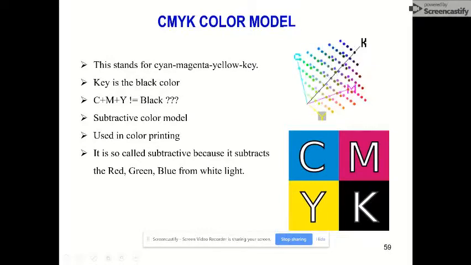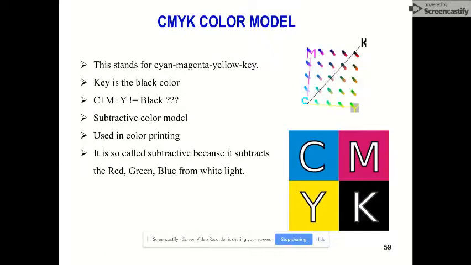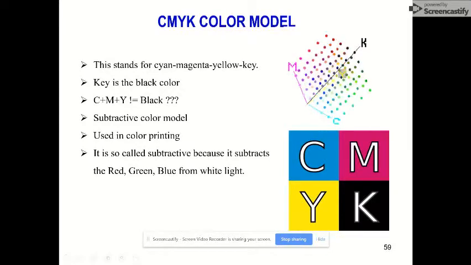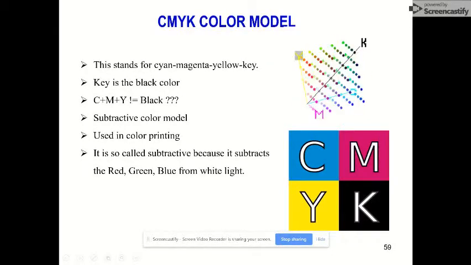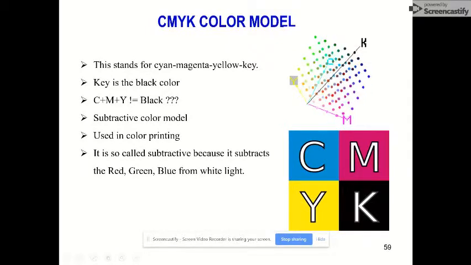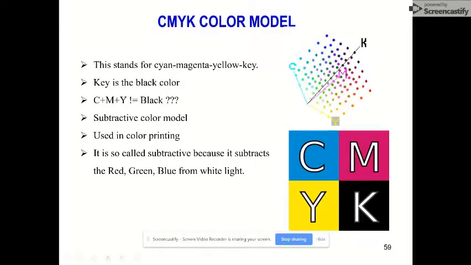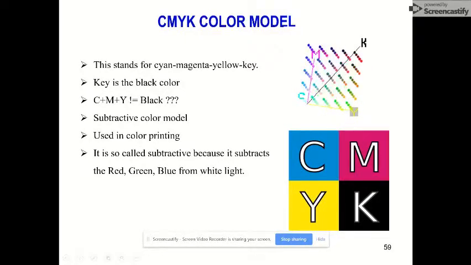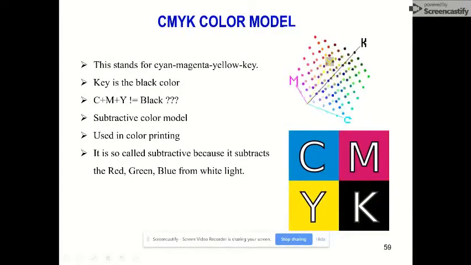So in order to have a pure black looking thing on the printed paper, you need to have a fourth color called key. The black is named key because when you put B for representing black, it coincides with blue. So to avoid that confusion, we have the letter K for the black ink.